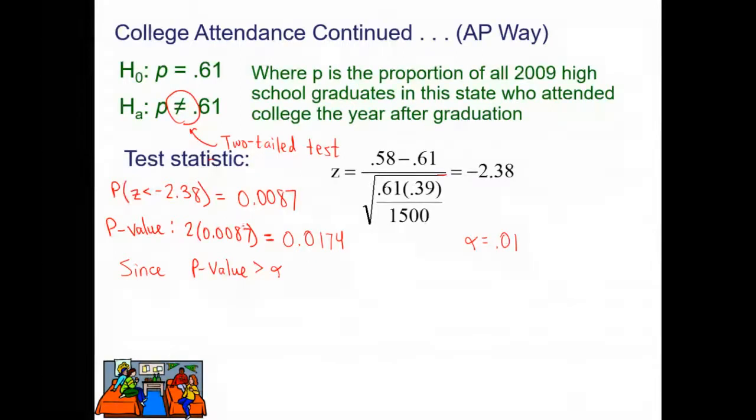Okay, where did my mouse go? Oh, there it is. Since p-value is greater than alpha, we fail to reject H not.